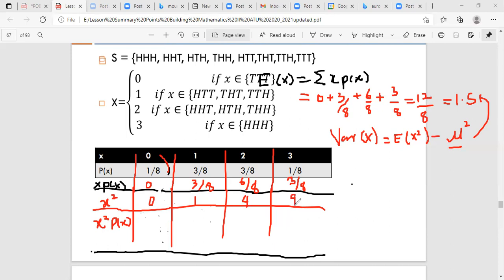Then the next stage is to multiply your x squared and the p of x. So 1 over 8 times 0 will give us what? 0. 3 over 8 times 1 will give you what? 3 over 8.